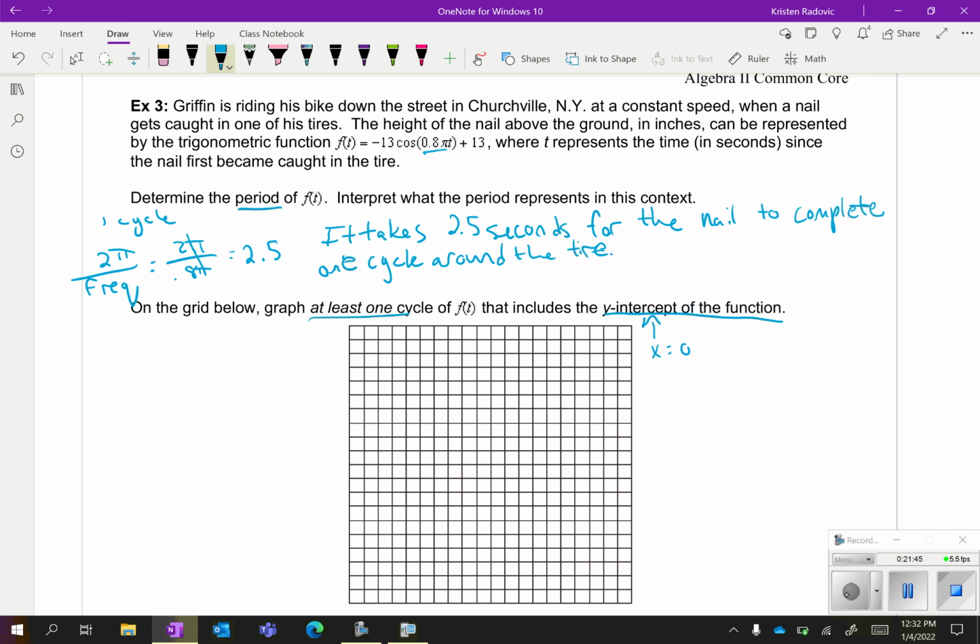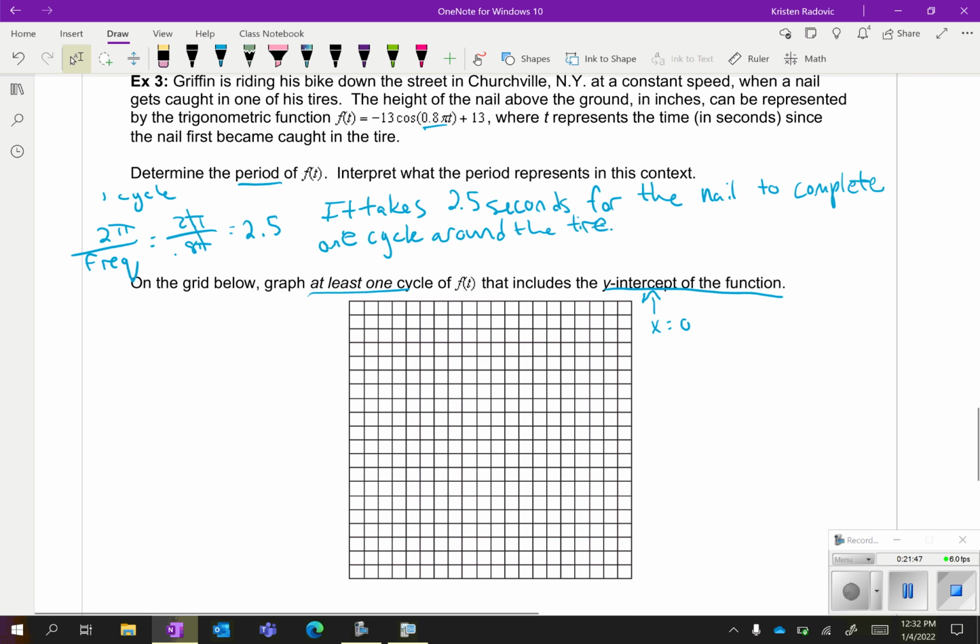And as always, we are going to find our main values: our midline, amplitude, maximum, minimum, frequency. Actually, we don't even need the frequency and period now because we already found the period from part A. And we do need those quarter points. So our midline is what you're adding to the equation. That will be y equals 13.